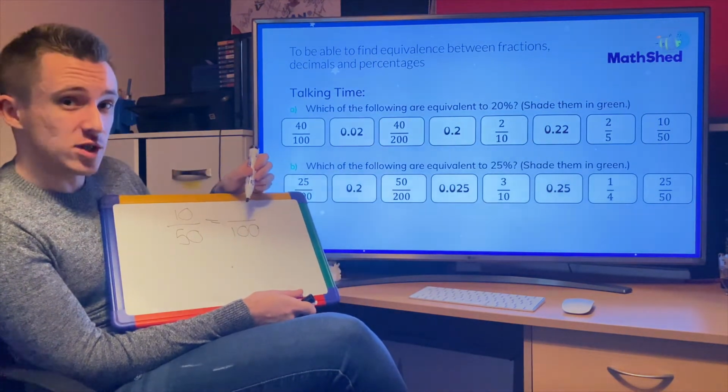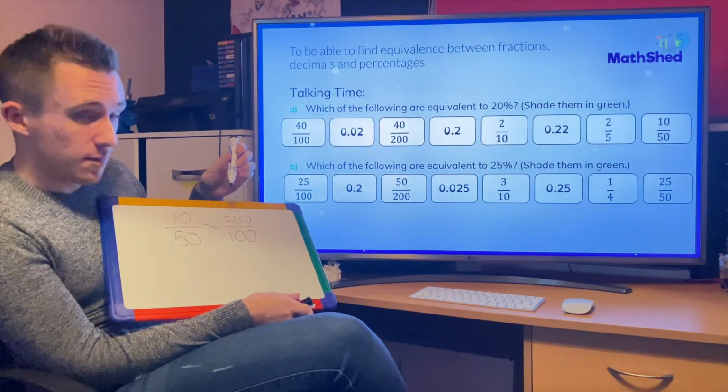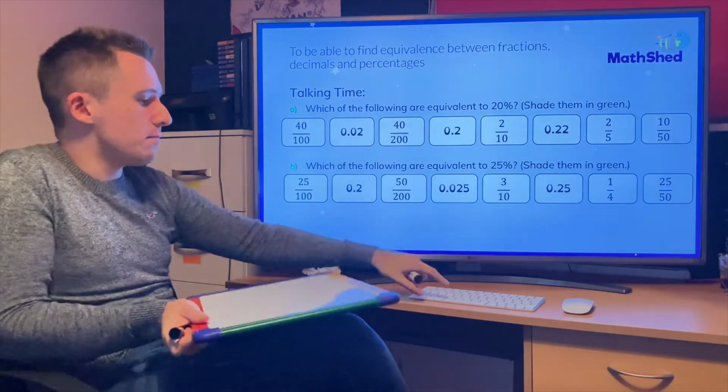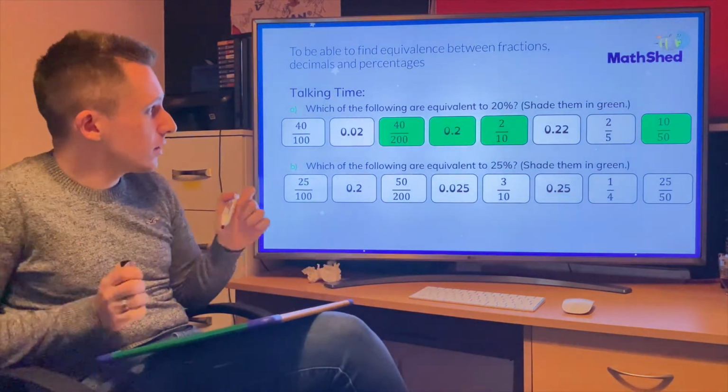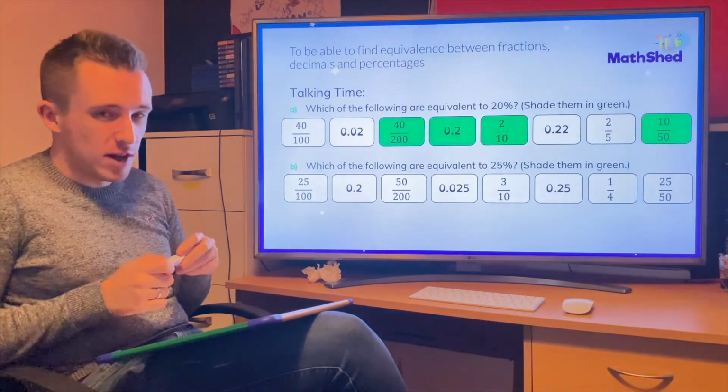Well, to get from 50 to 100, we double it, so we do the same to the top. Becomes 20 over 100, which is 20%. So let's see if we got it right. And there we are.